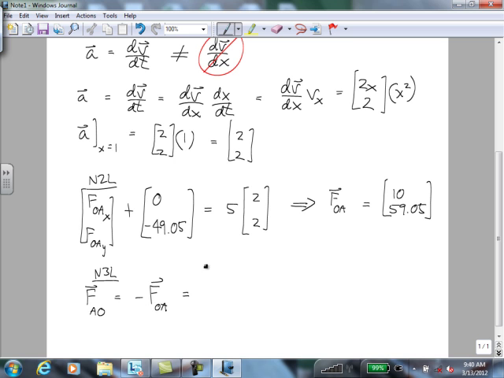So the final answer should be negative 10 newtons, negative 59.05 newtons. And that was the trickiest of the 3 problems for people.